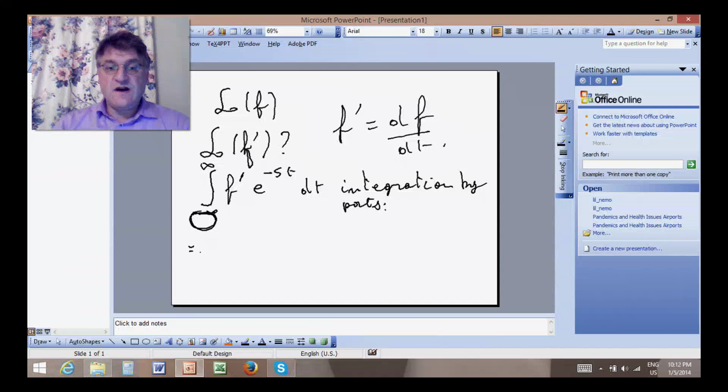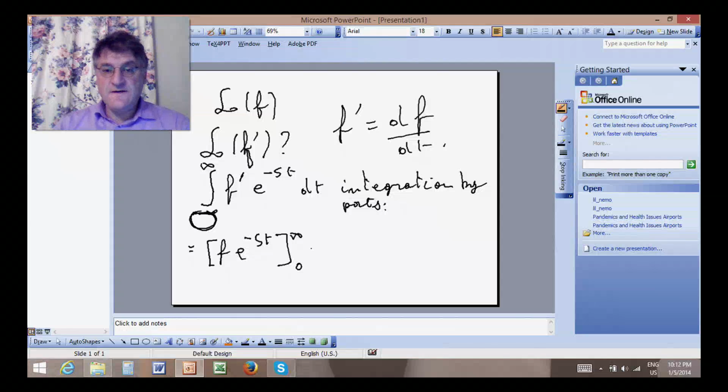I know this is the value of f e to the minus st, taken between 0 and infinity.